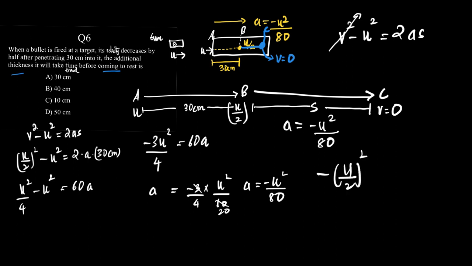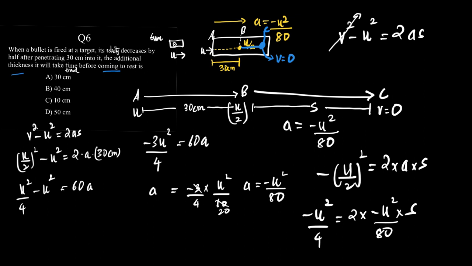(u by 2) the whole square is equal to 2 into a into s. So this is minus u square by 4 is equal to 2 into a, and a is minus u square by 80, into s, which means u square and u square will cancel, negative will cancel off. What we get is 2 by 80 is 40, 4 by 40 is 10, so s is equal to 10.